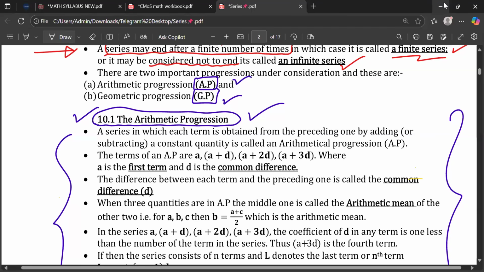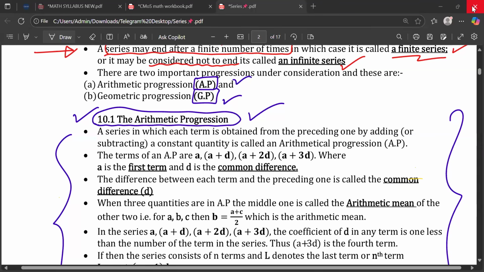Okay. Now, basically in arithmetic, I'm not going to go into the English part about what arithmetic means and so on. That is now your own research. It's none of my business. But all you need to know with arithmetic is that we always have that common difference. And that's all you need. But there is something weird that you need to learn, which I'm going to teach you now.